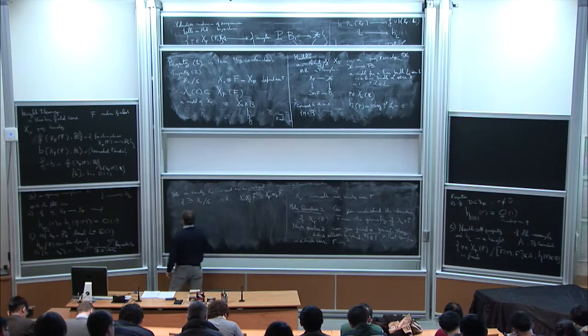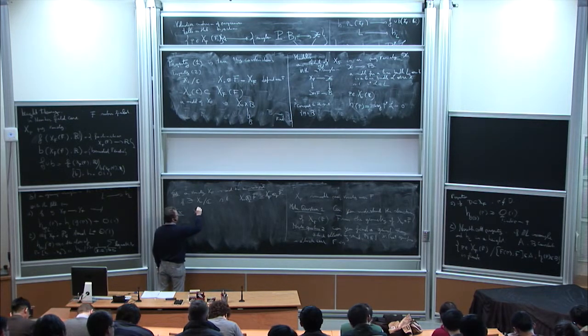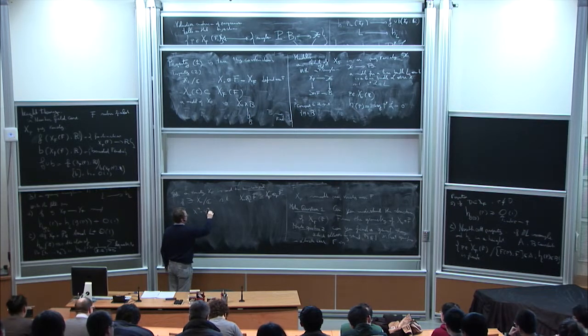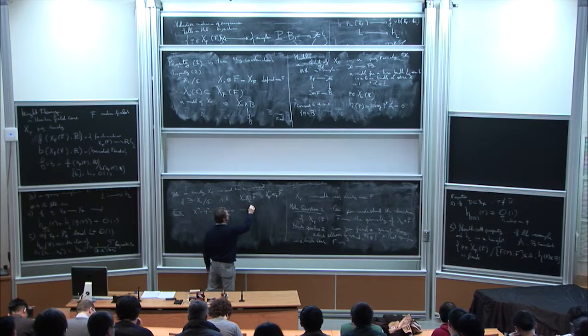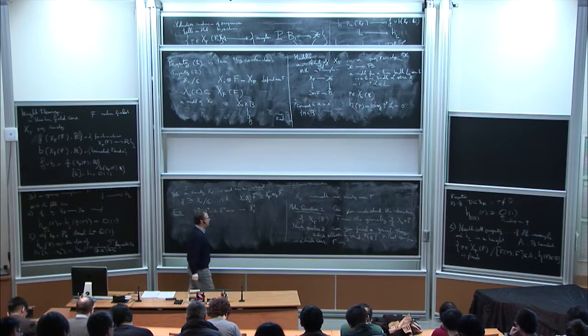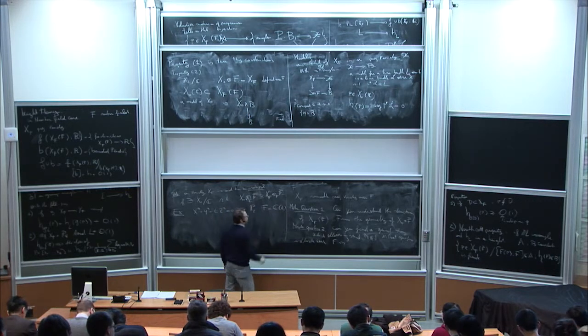Just to give you an example, you take x to the power n plus y to the power n plus t z to the power n equal to 0 in P2, over C(t).